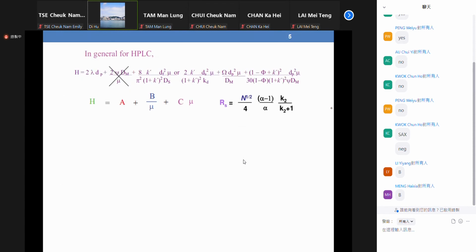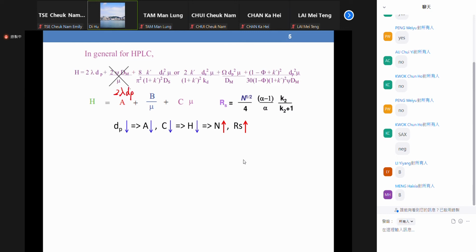Now let's go through the details. You can write it down now, it's easy to fill in the blank. When dP decreases, because A term equals, still remember, 2 lambda dP, right?